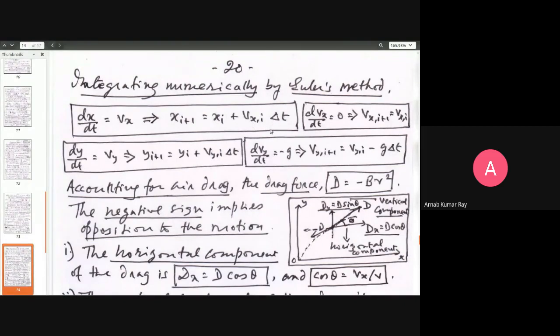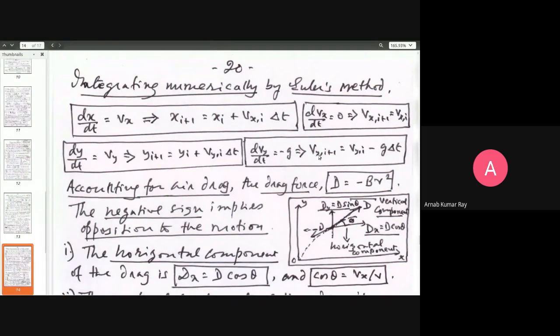The complication comes in the y equation. Why is it so? Let us see. Let's look at the y equation of motion along the vertical direction. dVy/dt is equal to minus g. Now you follow carefully. Now you will have to apply the Euler prescription twice. Delta V is equal to minus g delta t, and so Vy(i+1) is equal to Vy(i) minus g delta t.